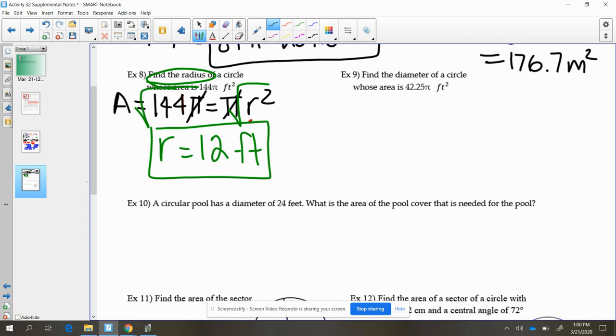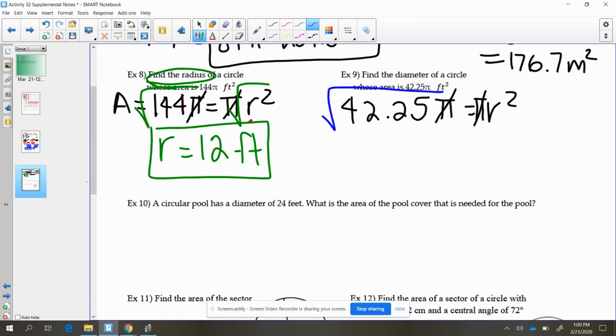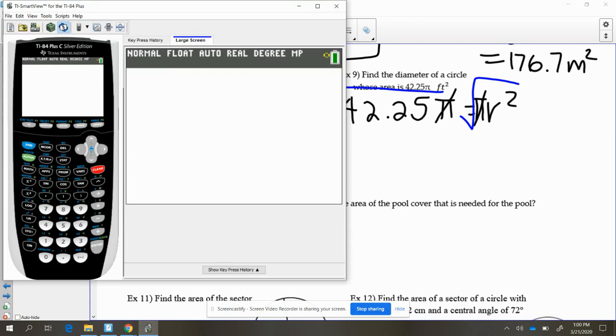Well, in the second example, we're going to have to be careful because while this setup is going to be really similar, they're giving us the area. We now want the diameter. And a reminder, in order to solve for the area, we can really only use r. So we're going to have to start this problem by solving for r first. Take the square root of 42.25, mind your square root button.